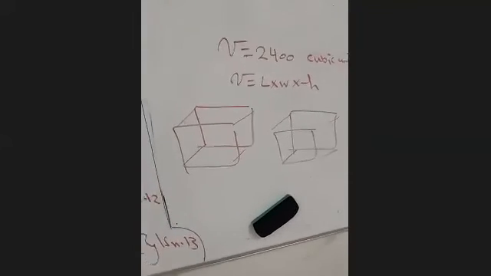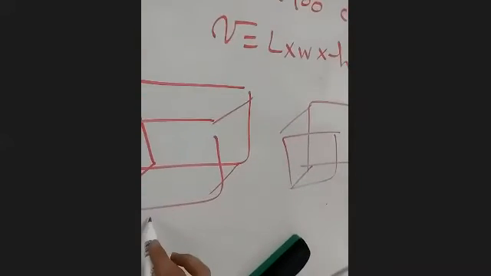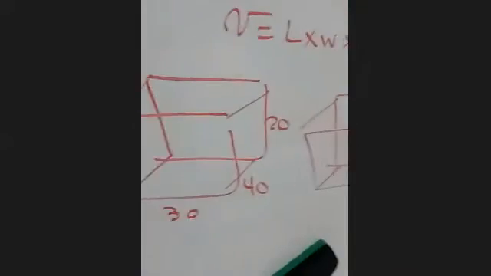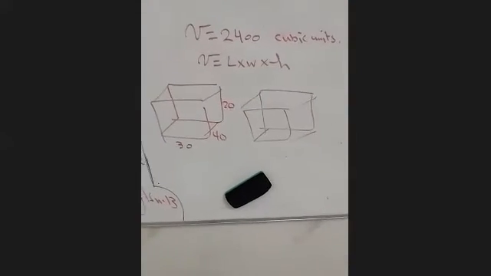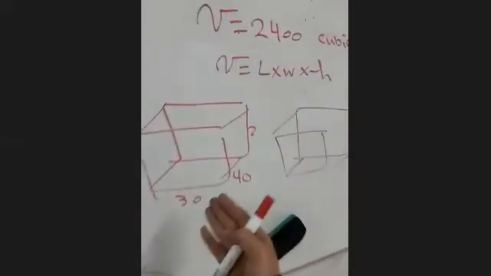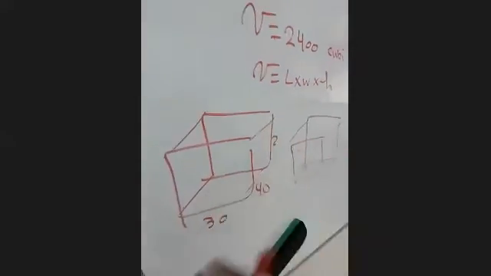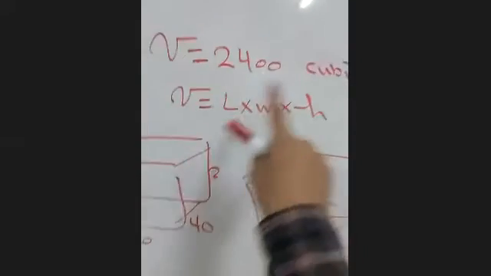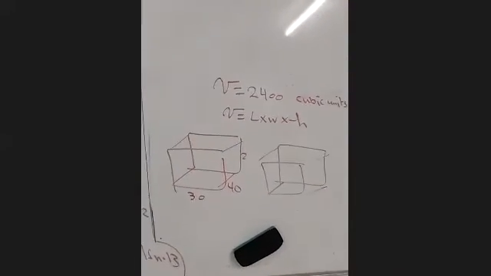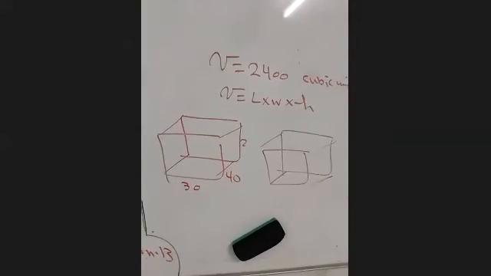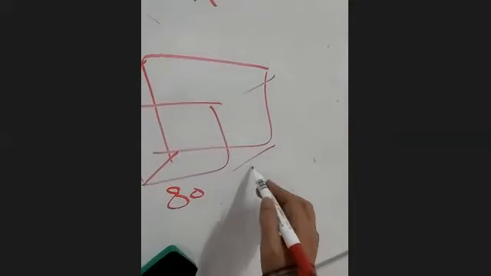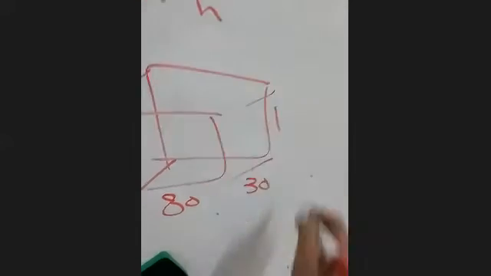For the first one you can use length 30, width 40, and height 2. If you multiply them, the answer will be 2,400. You need to guess numbers, okay? You can say 80 by 30 by 1.